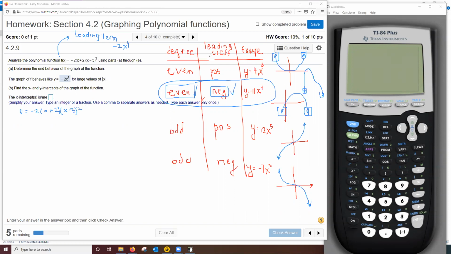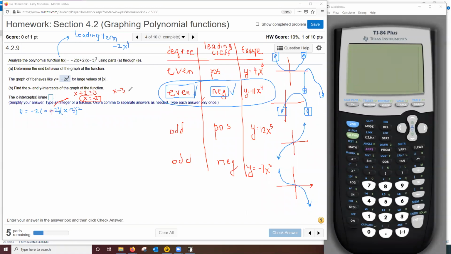If I set that first parenthesis, x plus 2, equal to 0, I get x plus 2 equals 0. Of course, I'll subtract 2 from both sides, so it looks like x equals negative 2 is one x-intercept. And the other parenthesis is x minus 3 squared.